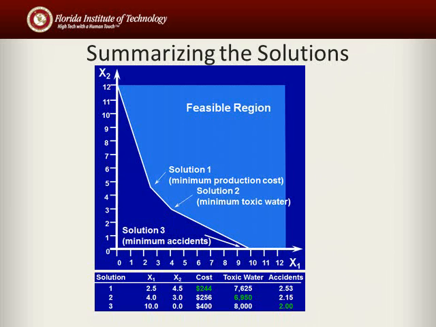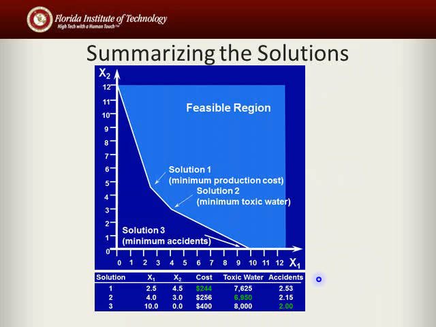Notice here in this table, it gives us the optimal values for each individual solution. The solution that aims at optimizing that first cost parameter, solution number 1, yielded the lowest cost. Same thing, solution number 2 yielded the lowest toxic water, and solution number 3 yielded the lowest number of accidents.